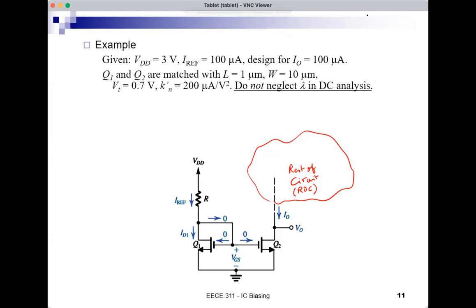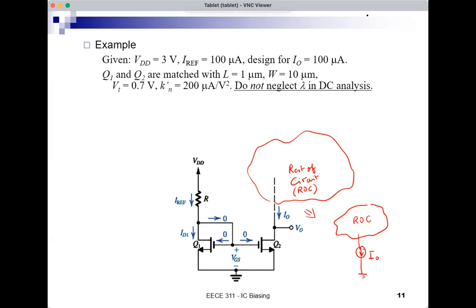So the rest of the circuit feels as if it's connected to a current source, which is IO. If you're sitting in the rest of the circuit, you feel as if whatever is connected below is this current source IO.